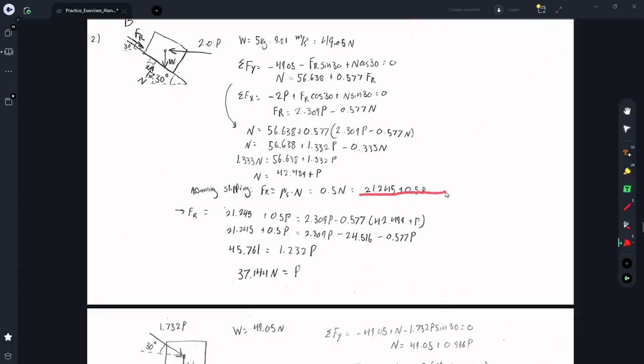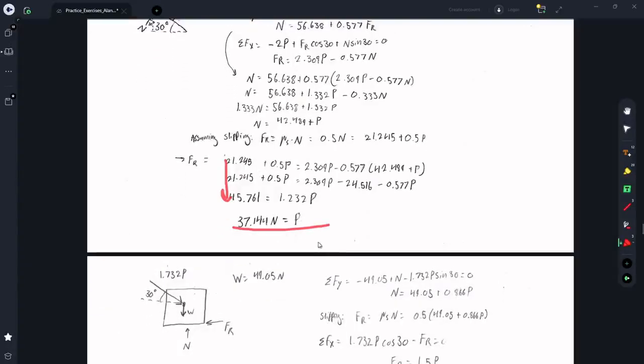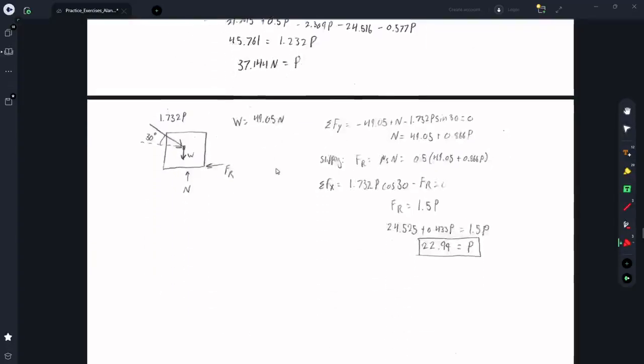So 21.245 plus 0.5 P. Then plugging in the other equation for F_R that we had up here into the equation we just got down here, solving everything out, we get P is equal to 37.144 newtons. So now we just need to analyze the other block and see which value of P is smaller, because that'll be the largest force before anything moves.